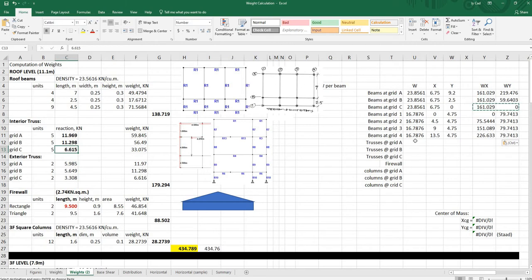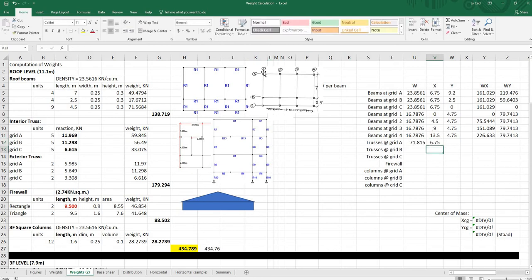So, trusses at grid A, that would be 5 times the reaction ng interior plus 2 times the exterior truss reaction at grid A. Okay, tapos ang kanyang X would be obviously 6.75, or that is 13.5 divided by 2.